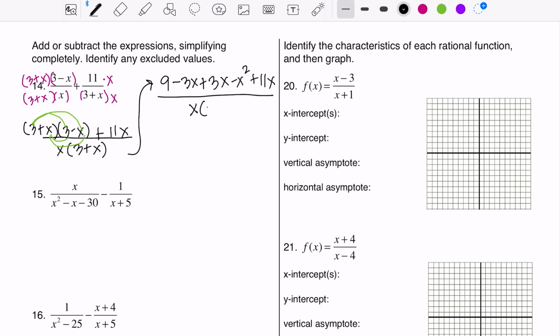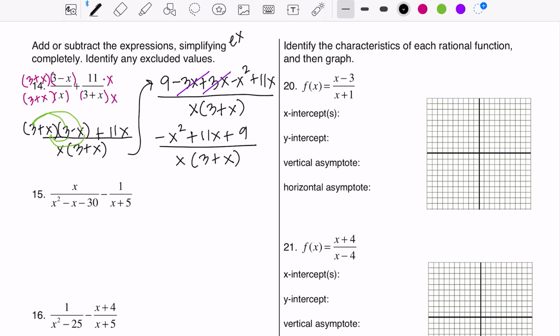Again, when we combine like terms, we keep the common part of the like terms. In this case, it's the denominator. Then negative 3x and positive 3x cancel. And I have negative x squared plus 11x plus 9 all over that common denominator.